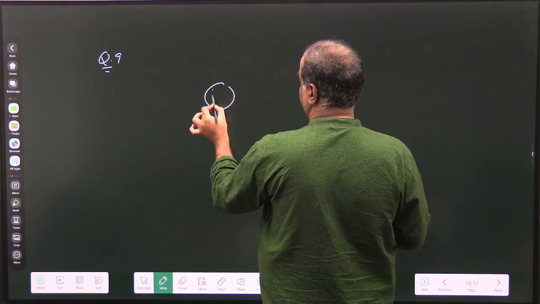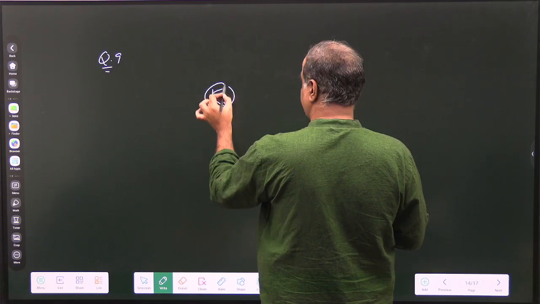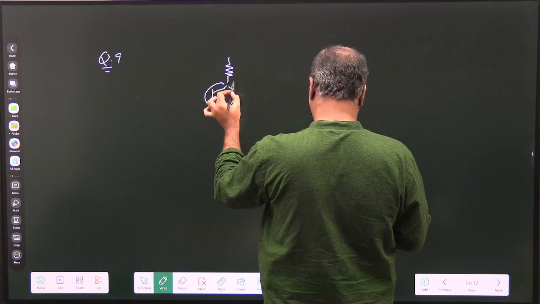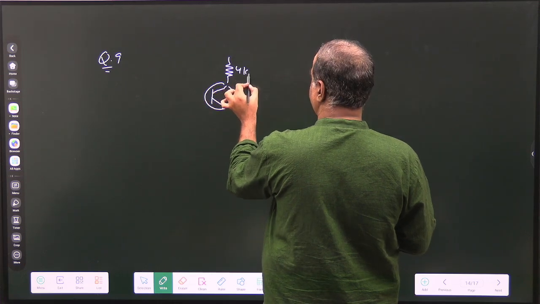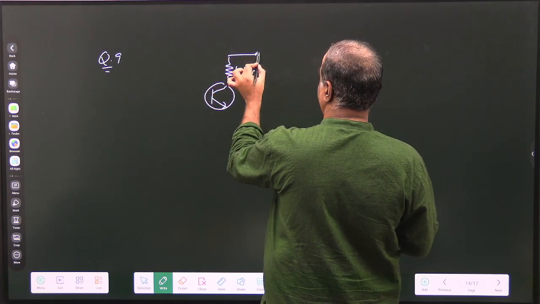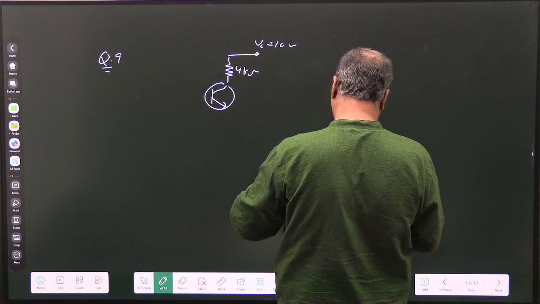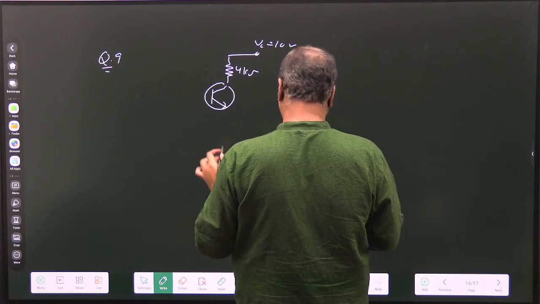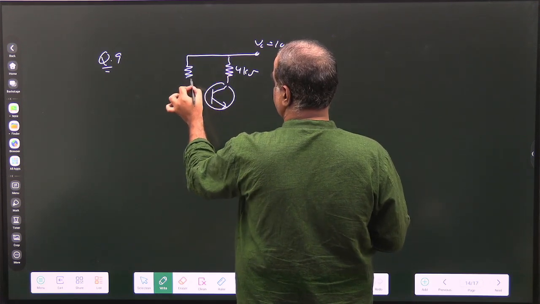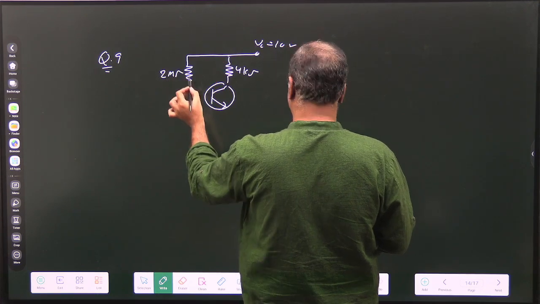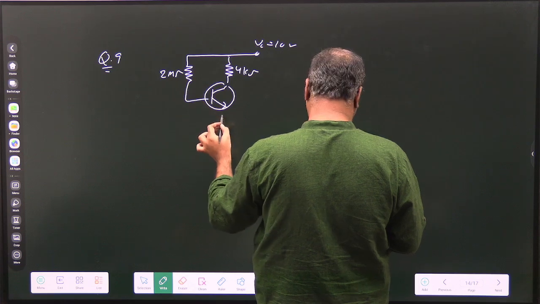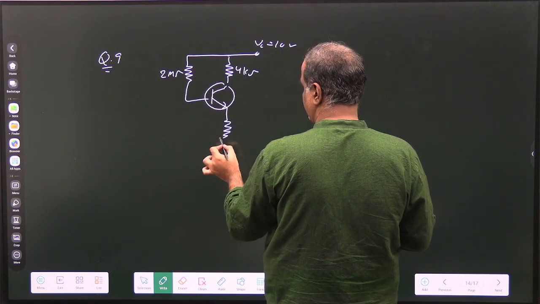So this is 4 kilo ohm and VCC is 10 volt. This is 2 mega ohm, and this is 2 kilo ohm.